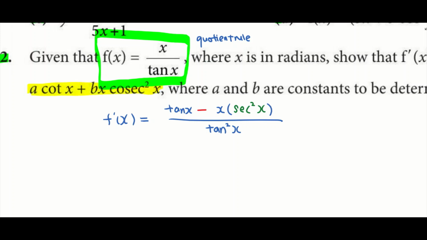Oh dear, it means I need to do some manipulation. And I know cotangent is related to one of the basic trigos. Cotangent is actually 1 over tangent x. Cosecant is 1 over sine, but there's a square here. So I should have this, right?